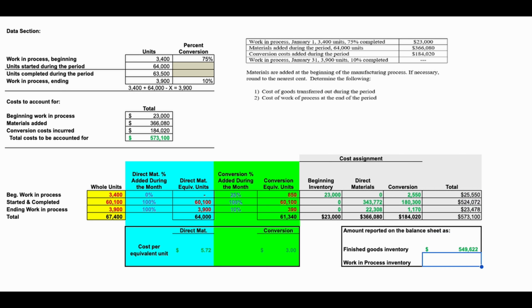So in our case, we have $549,622 that was transferred on to our finished goods inventory. That's going to leave us with, unsurprisingly, the units that are still in our work in process, $23,478. And that's how we would go ahead and solve this problem.